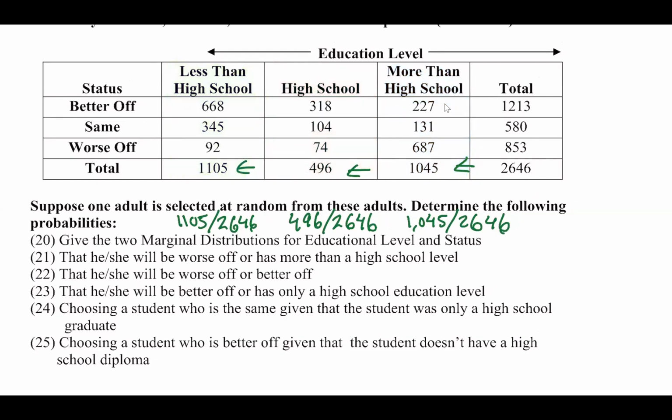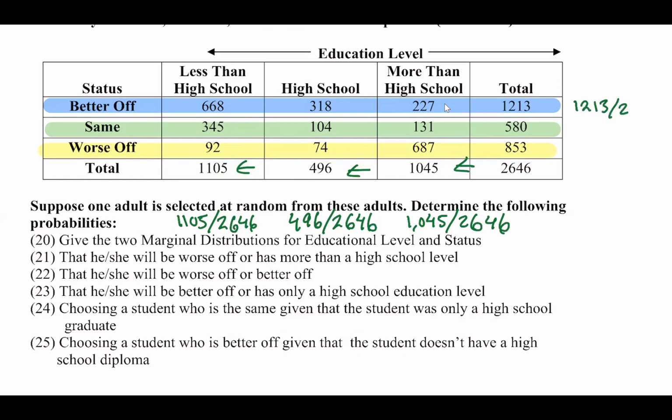So for status, I could either get that they're better off, or I could get the probability that they're the same, or I could get the probability that they're worse off. If I want to get the probability that they're better off, you get the 1,213 and you divide it by the total, which is 2646.